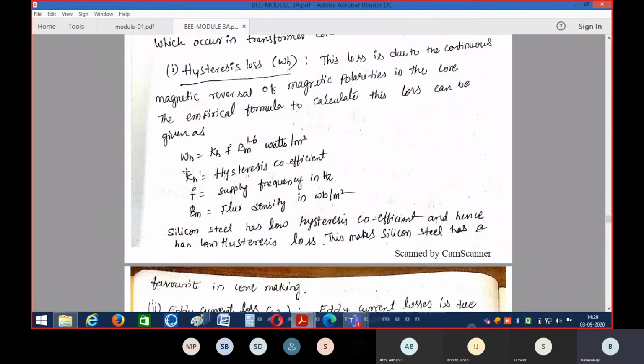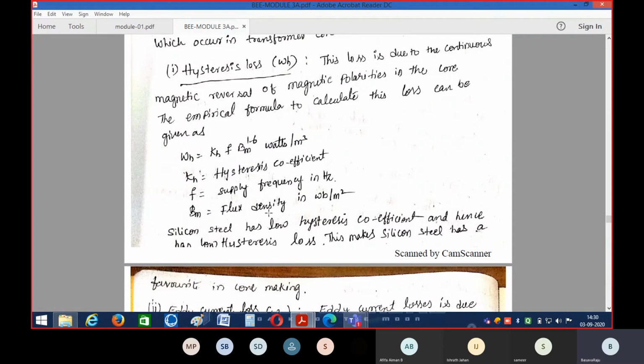Here WH represents the hysteresis loss taking place in the transformer, KH is the hysteresis coefficient or hysteresis constant, F is the supply frequency, and B maximum is the flux density in the transformer. Flux density is flux per unit area.